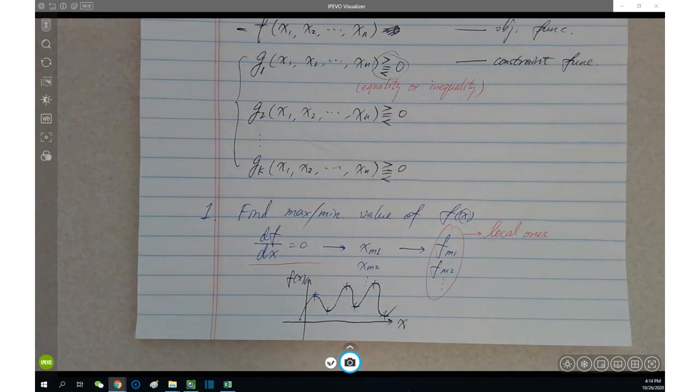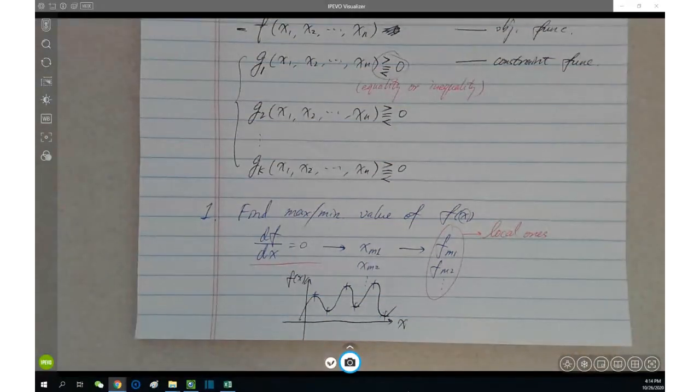Well, depending on your interval, you have to start first with the interval, make sure that you evaluate the endpoints, because it's possible that the endpoints of that interval is the global. Incorporating the two endpoints and the critical points, that is your possible scenarios to find your maximum and your minimum global value.